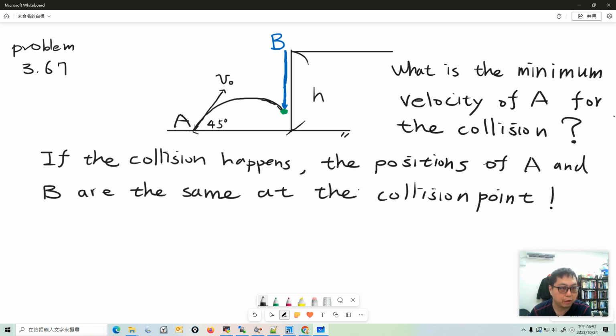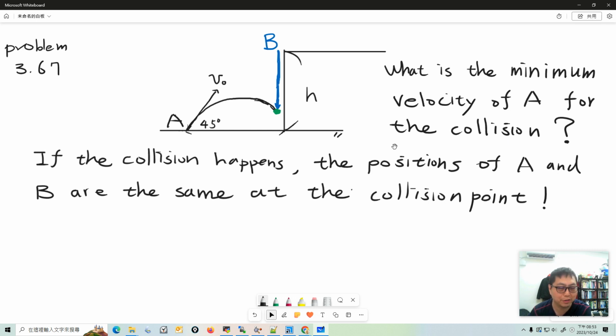If A and B collide at this green point, the position of A and B are the same at this collision point. That's why the collision happens, right? I hope you understand this point.